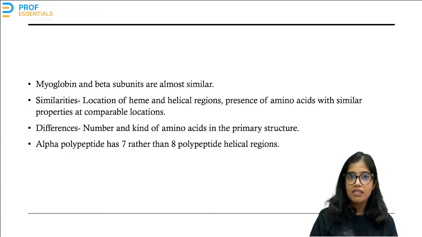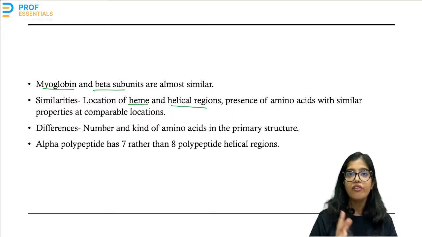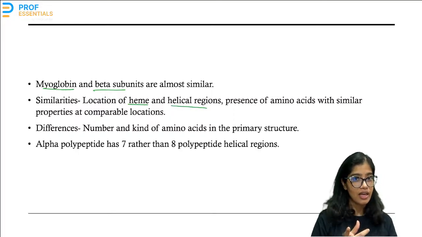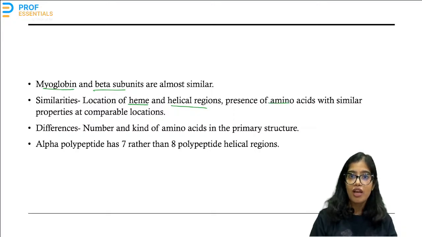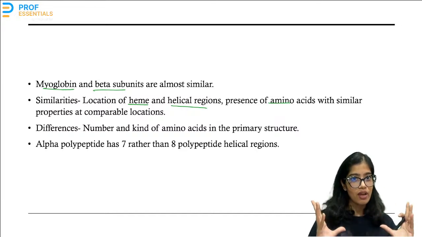Next, the beta subunits in hemoglobin and the myoglobin are almost similar. The location of heme and the helical regions in the alpha helices, the presence of amino acid chains with similar properties, that is, the hydrophilic groups will be arranged outside and the hydrophobic groups will be arranged in the interior.